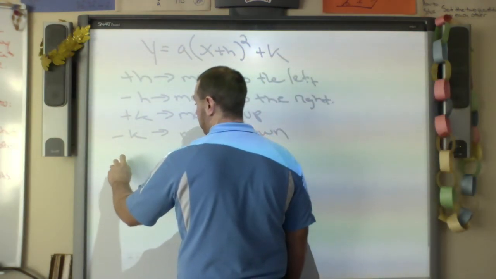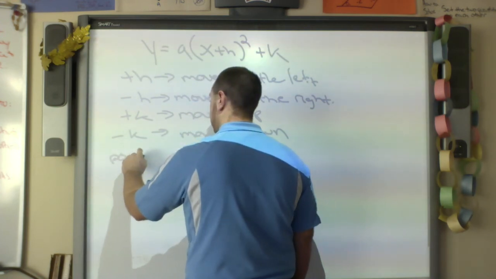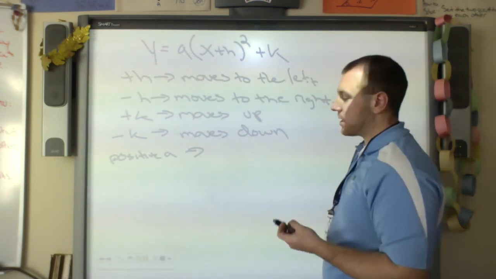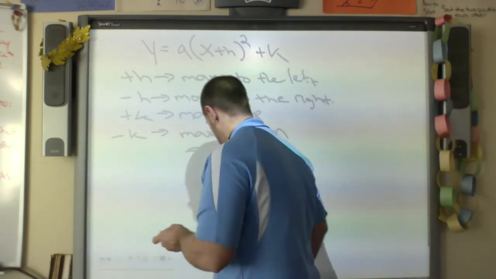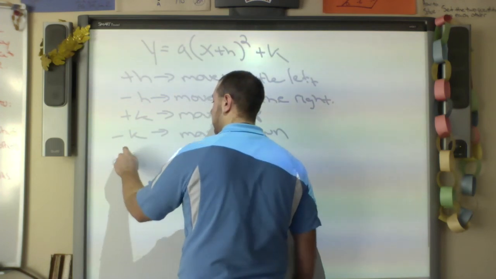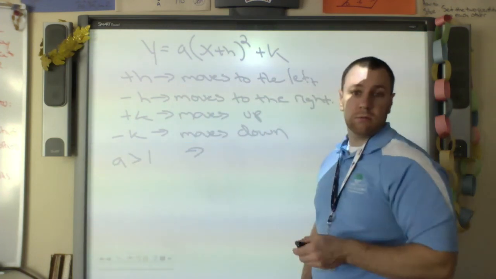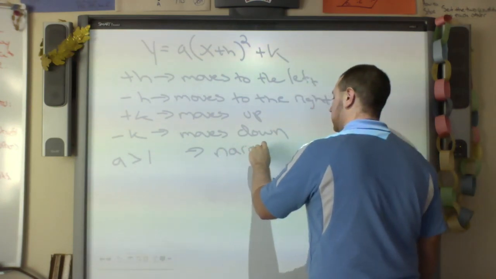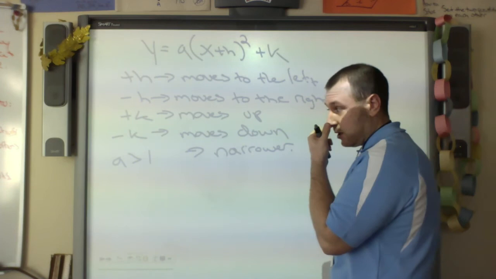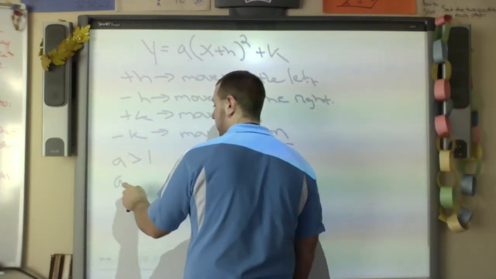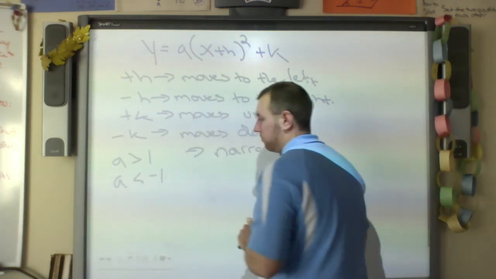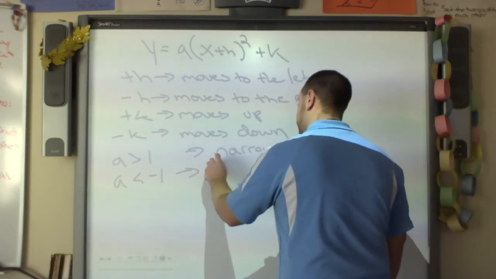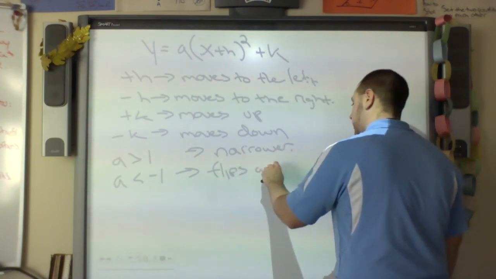a positive a, okay, an a that is greater than 1, 2, 3, 4, something like that, makes it narrower, okay, an a that is less than -1, okay, anything that's negative flips and makes it narrower.